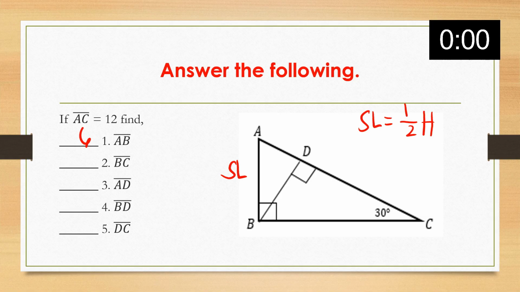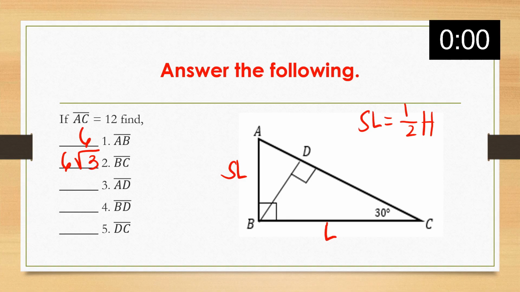How about the length of line segment BC? Correct. That is 6 square root of 3. Why? Line segment BC is the longer leg.